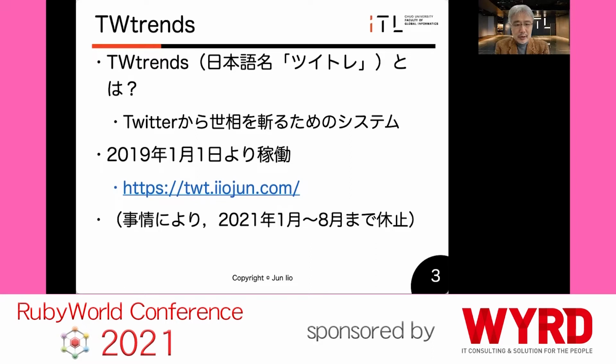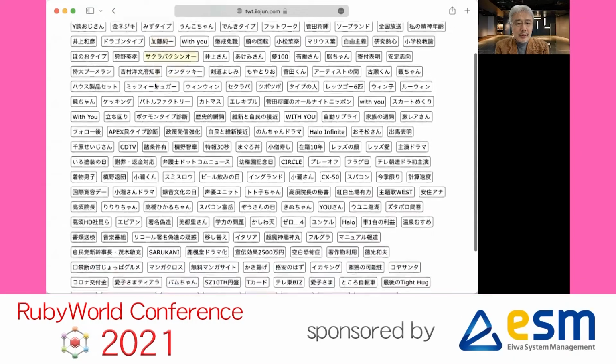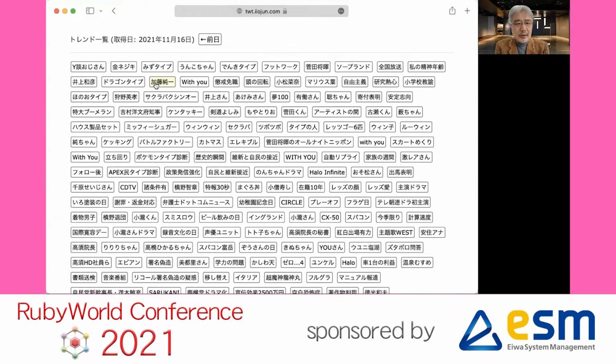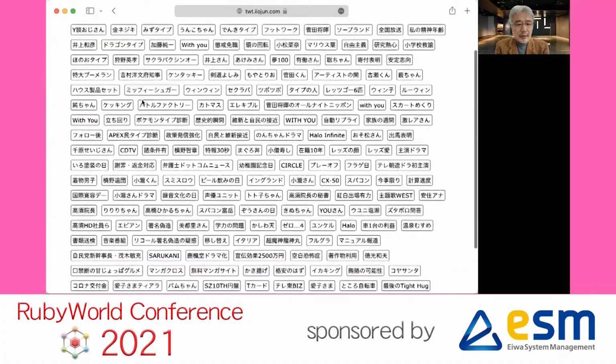I'd like to demonstrate by changing the screen. I'd like to share the screen with you. For instance, this is 2021, and every 20 minutes we take the data.